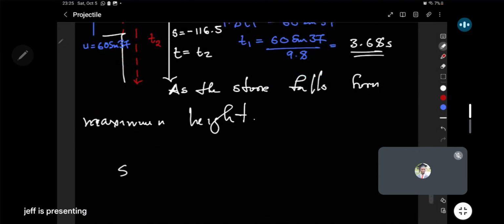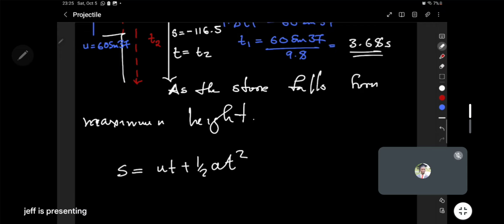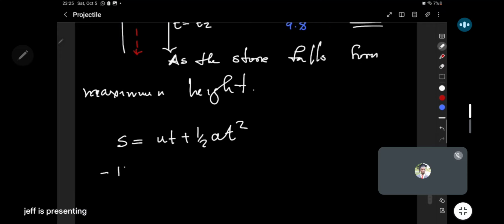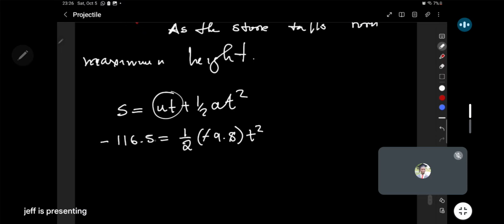Since again we're not interested in the final velocity, we'll use 0t plus half at squared. This time around, this works. It helps us avoid the quadratic equation since this part will be 0. So now we only have half, negative 9.8, and then t squared. And here, the negatives will cancel. We now have 2 multiplying 116.5, then here you have 9.8 t squared.